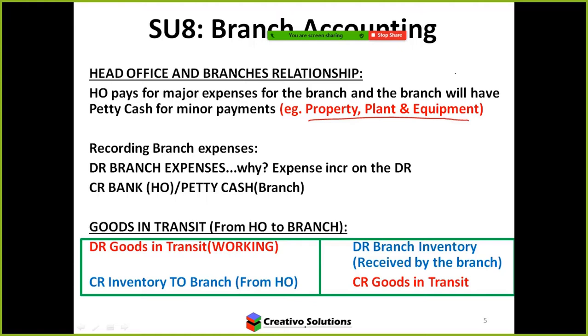In most cases, those major expenses will be covered not by the branch, but by the head office. The reason for that is obviously resources. The head office will have more resources, and operations managers at a high level decide what the branches are going to look like.